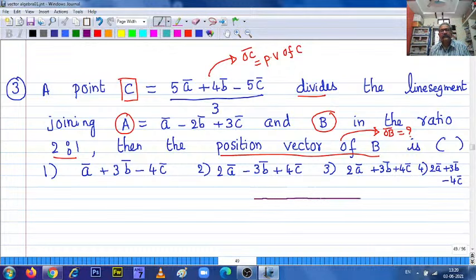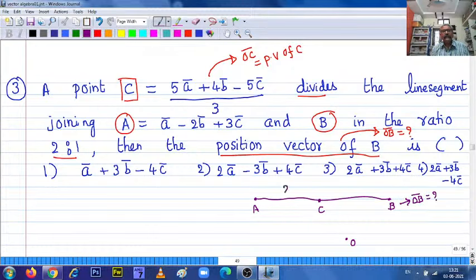So this is, say, A, this is B point. So here C is the point. O is the origin. Position vector of A given, this is A bar minus 2B bar plus 3C bar given, and position vector of C bar given. OB bar is equal to question mark we need to find out.